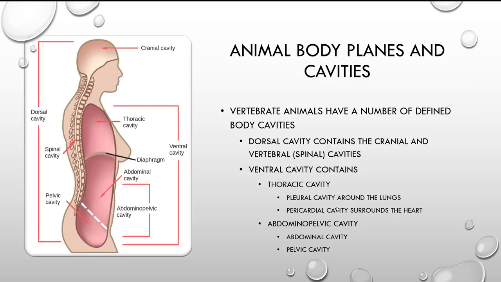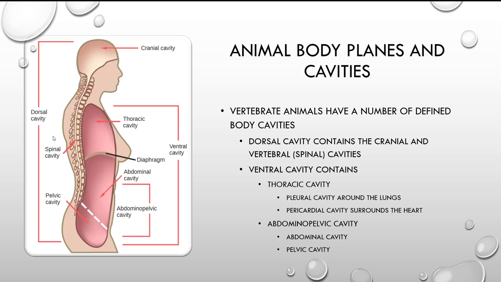Okay. And then for our cavities, vertebrates have a number of defined body cavities. So we're going to focus on the dorsal and the ventral cavities. The dorsal cavities include the cranial cavity. Remember dorsal is like the back, the ventral is the front, the abdominal side.